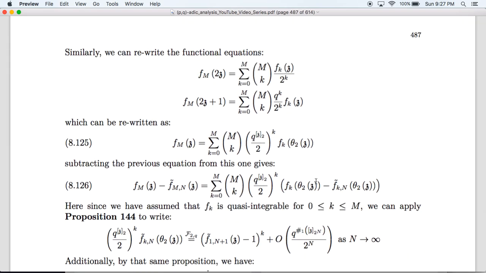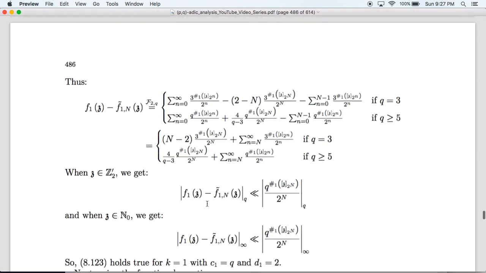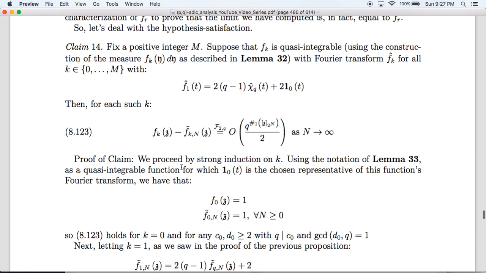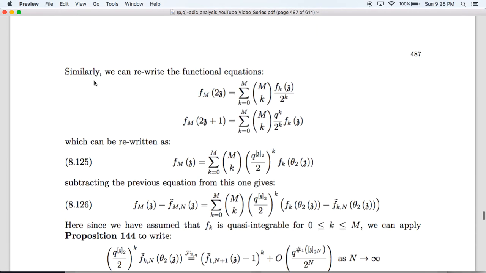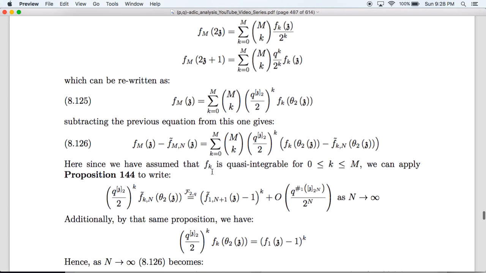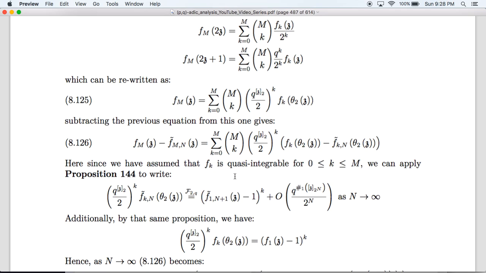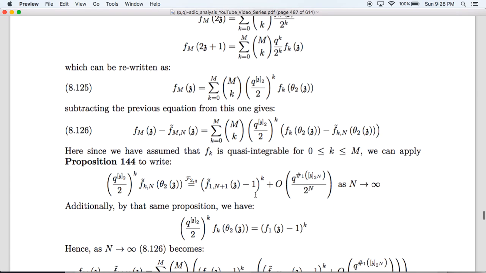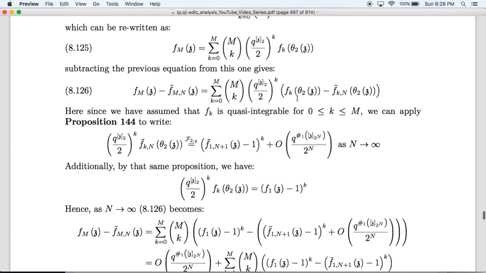So remember, we assumed that fk was quasi-integrable for all k from 0 up to big M. So because we have quasi-integrability, we then use our proposition with the big O estimate to say that this function right here, we can express it like this. Additionally, by that same proposition, we have that this function is equal to this. So this difference is now going to become a difference of these kth powers.